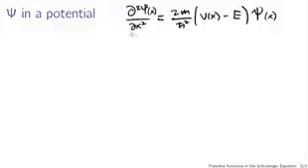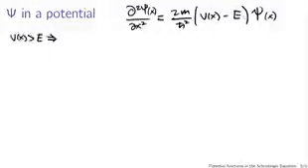So let's think about what this means. If you have a potential V of x that's greater than your energy, if V of x is greater than E, what does that mean? That means V of x minus E is a positive quantity. That means the right-hand side here will have whatever sign psi has. And I'm being a little sloppy since psi here is in general a complex function. But if we consider it to just be, say, positive, which isn't as meaningful for a complex number as it is for a real number, you would have psi of x.